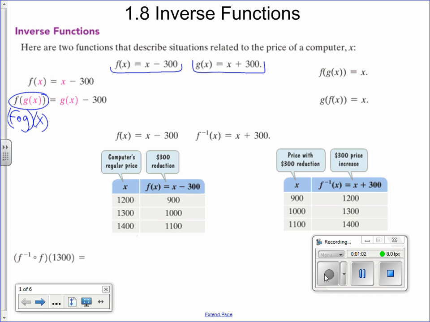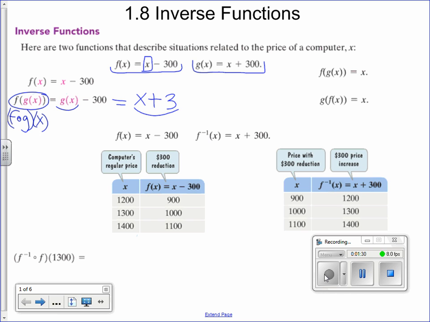And so what we're going to do is replace the x in f with function g. Right? That is what we're going to do. So if we do that, Alexandra, tell me what is function g. Just read it. It's x plus 300.